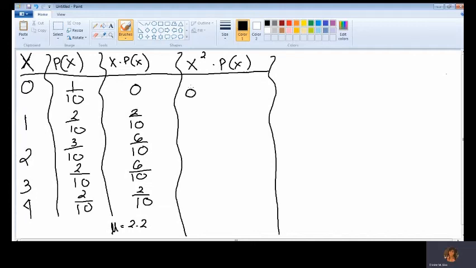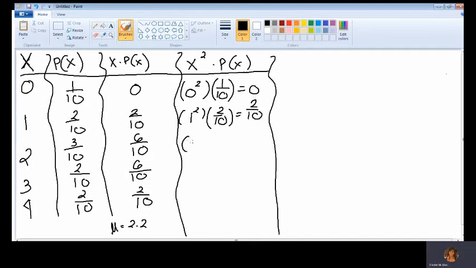So 0 raised to 2 times 1 over 10 will give us a 0. 1 squared times 2 over 10 will give us 2 over 10.